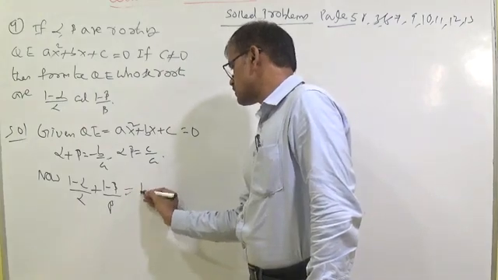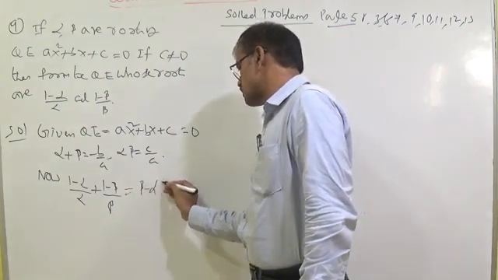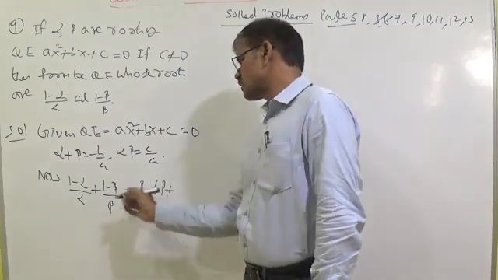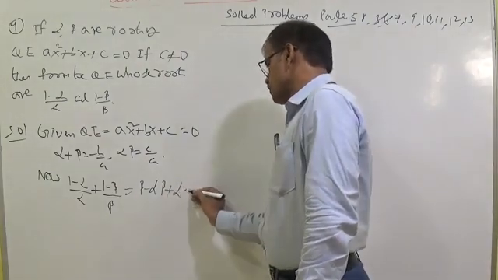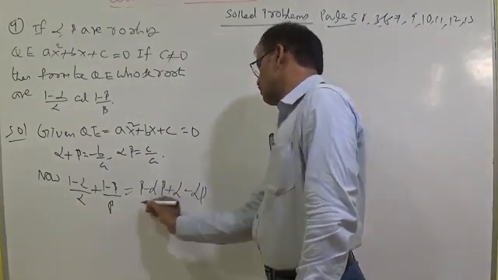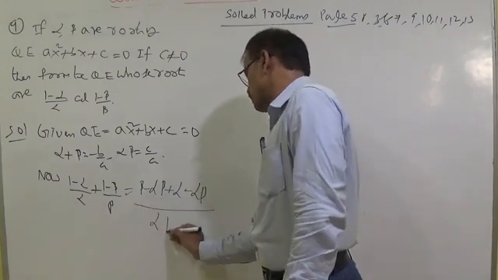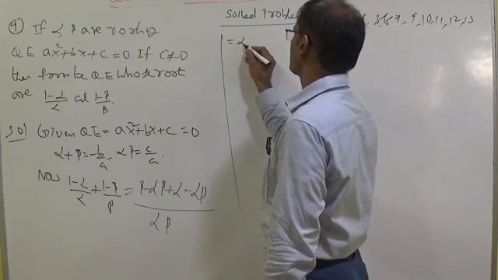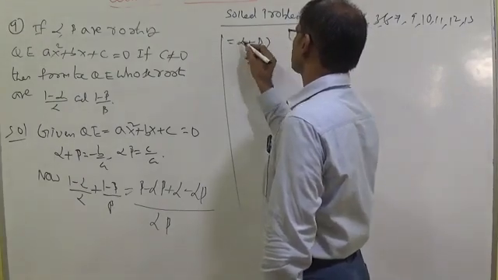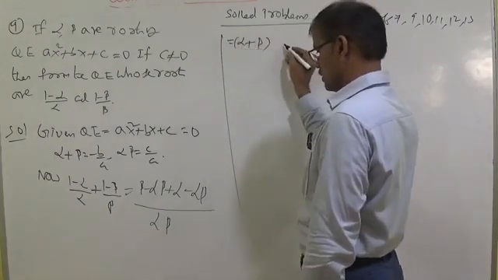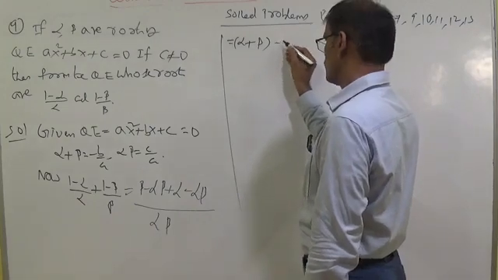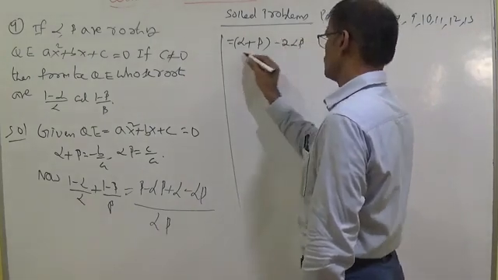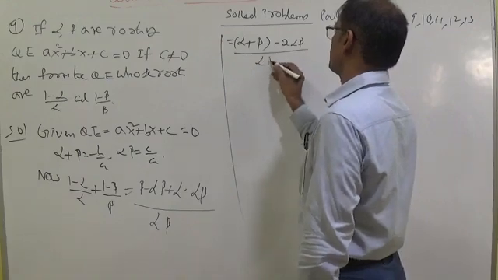Take an LCM, you can write here beta minus alpha beta, take alpha beta as LCM, students, plus alpha minus alpha beta, whole by alpha beta. So you can write here alpha plus beta minus 2 alpha beta whole by alpha beta.